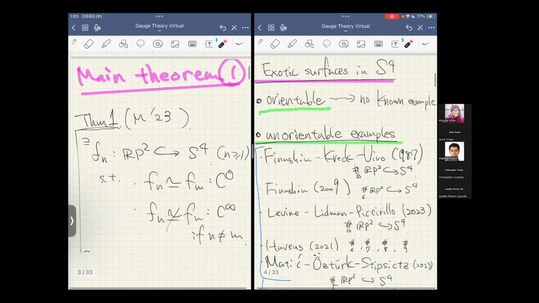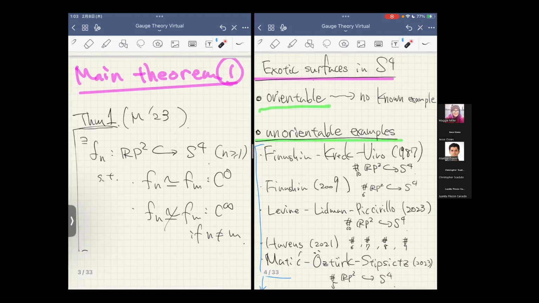So let me explain the background of this theorem. There are a great deal of studies of exotic surfaces in four manifolds. However, there are not so many studies of exotic surfaces in S4. For example, there's no known example of orientable exotic surfaces in S4.